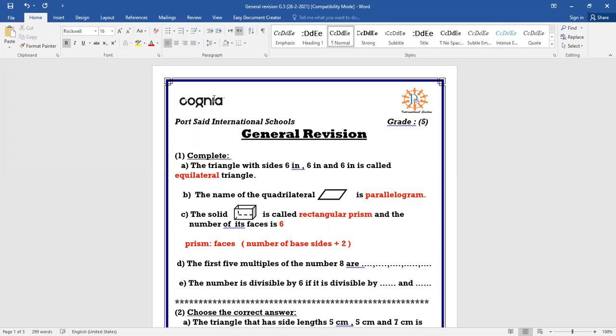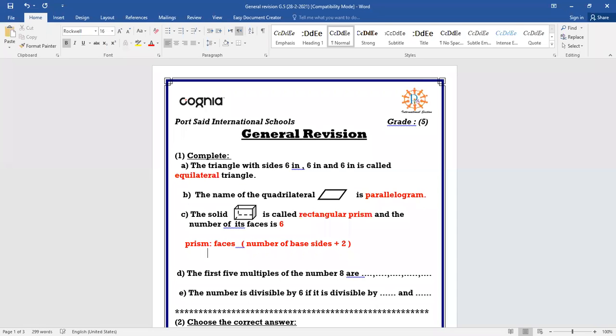To find the number of vertices, number of base sides multiply by 2.